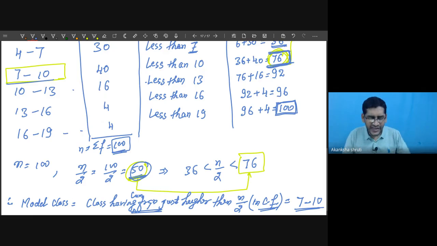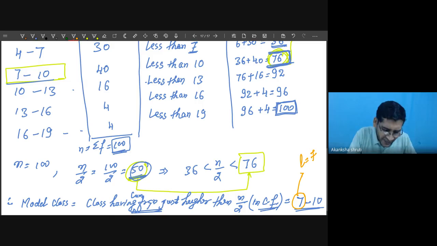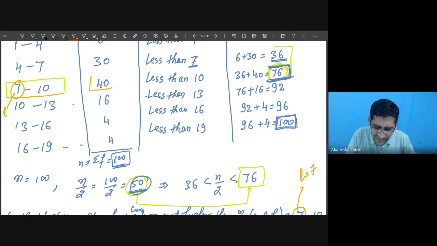From this 7 to 10, for this interval the lower limit is this 7. So L is equal to 7. This 7 is acting as your L, the lower limit of the modal class. Mark this 7 as L. The frequency for this modal class, mark this as f.